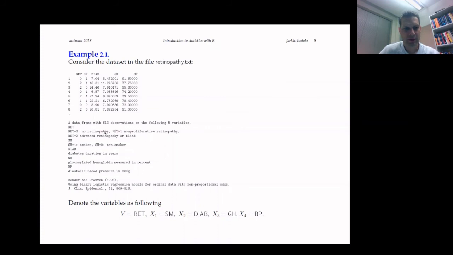This is our Y response variable, where there are 3 options: no retinopathy, this kind, and the third, coded as the second option, advanced retinopathy or blindness. Then we have explanatory variables such as smoking or non-smoking, whether the person smokes or not. Then we have how long the person has been diagnosed with diabetes, and other things given here.